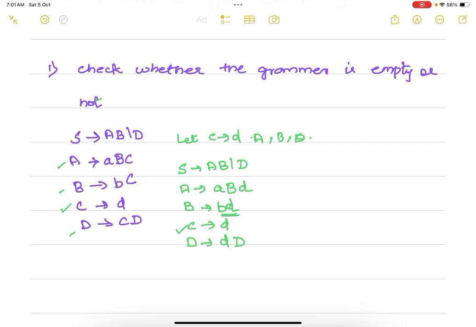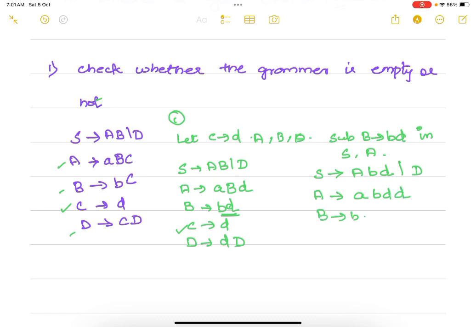This is our first step. Now substitute B goes to BD in whichever production has B. S has B, and A also has B. So S goes to ABD or D. A goes to ABD, again a D was there. B goes to BD.